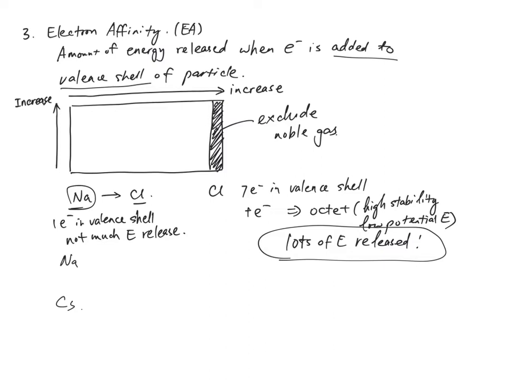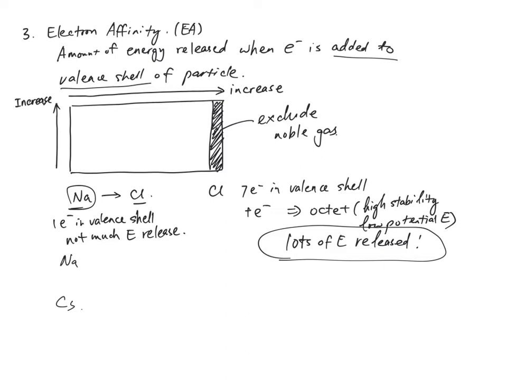So at least it's closer to the nucleus. If you're giving it to cesium, that electron is going to be so far away. And remember, cesium has way more electrons than sodium. Sodium has 11, giving it one, it has 12. That's a substantial increase in the amount of electrons.